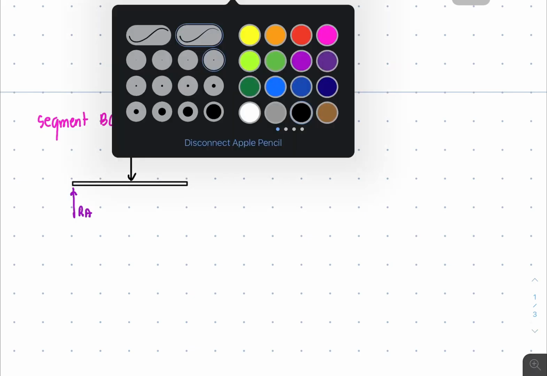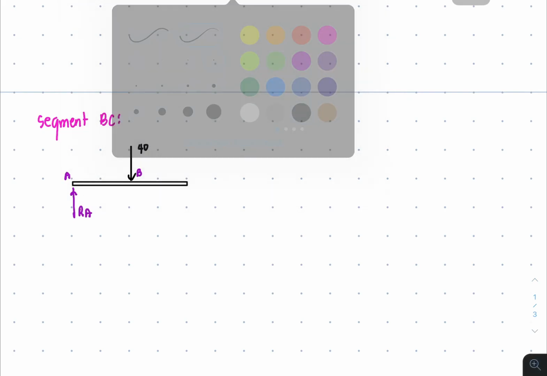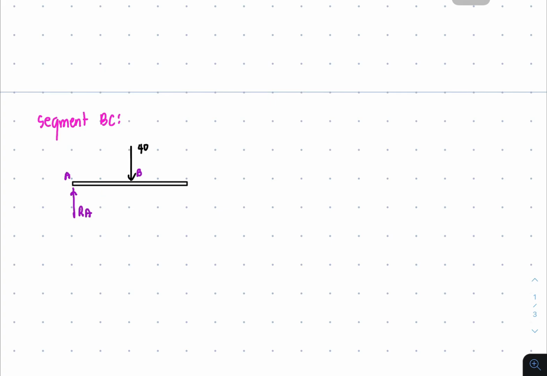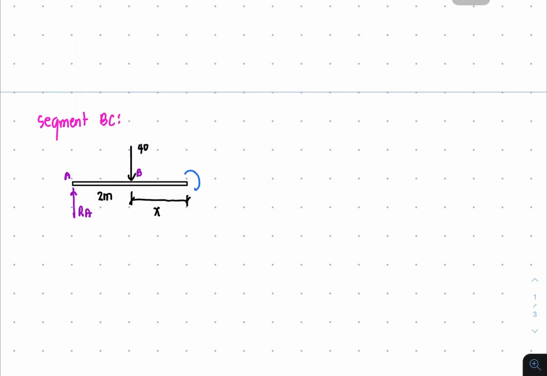Then I'll place here the reaction RA, and of course we have the 40 here, and this is your point A, this is your point B. In between the 2 points is 2 meters, and from here to the point of cutting, it's now X.